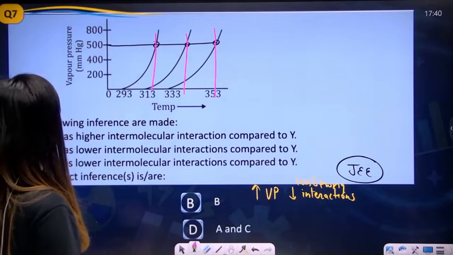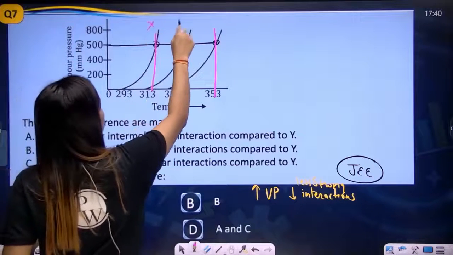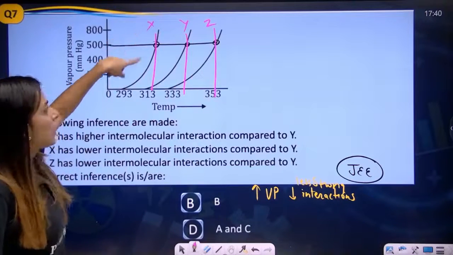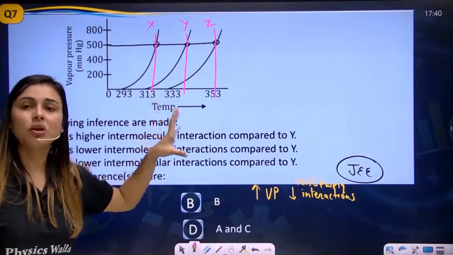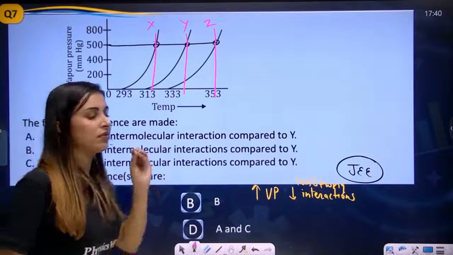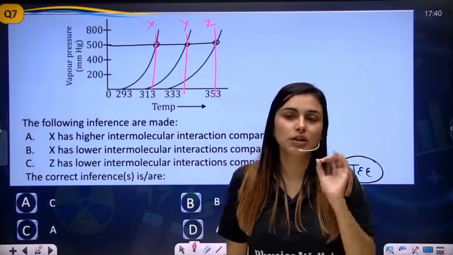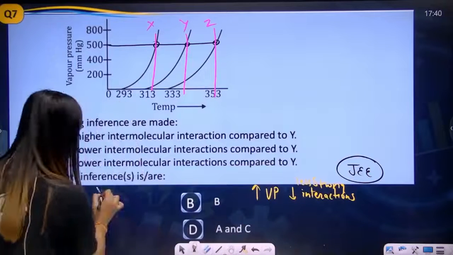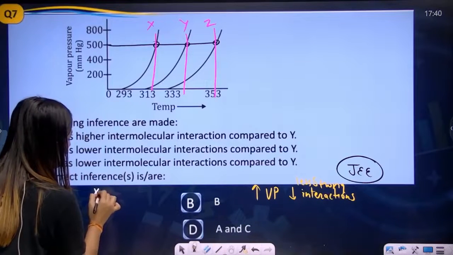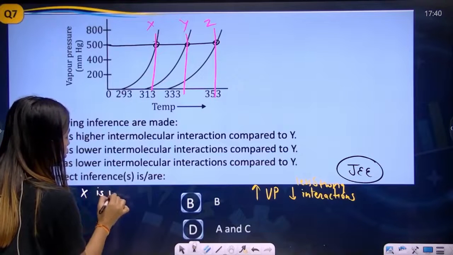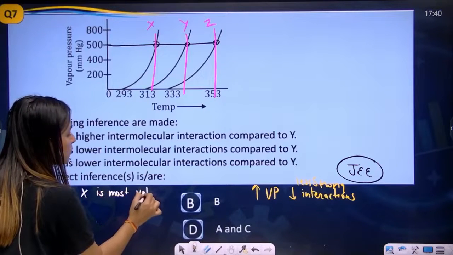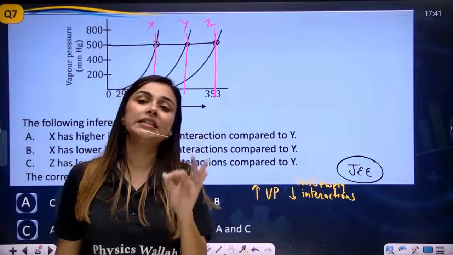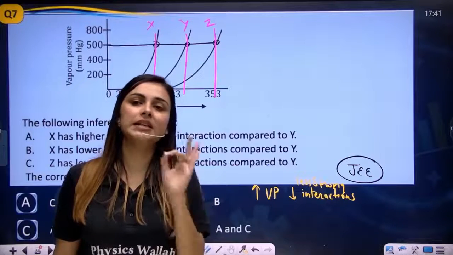This means that x is most volatile, then I can say that x will have the least intermolecular interaction.